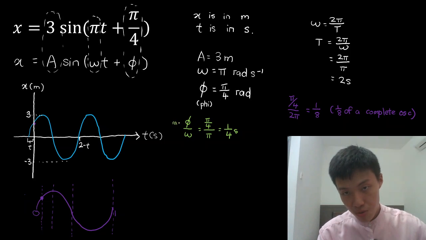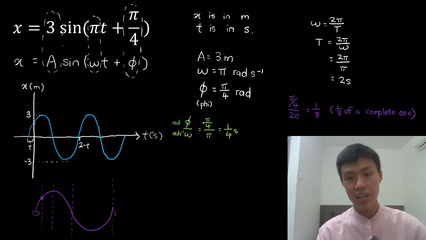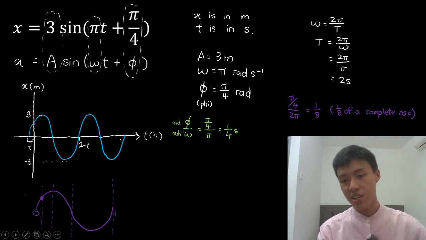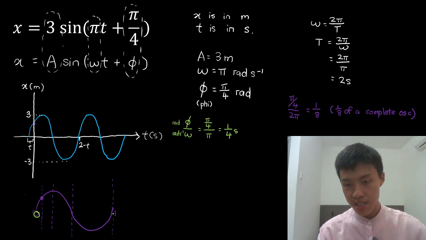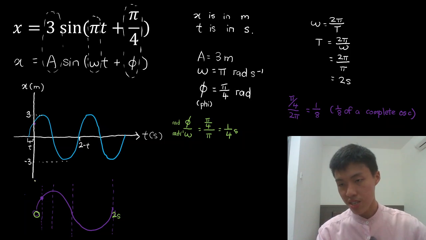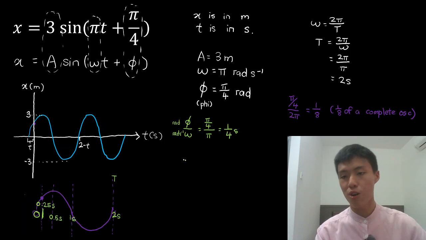If you're not sure about the unit, this is radian, this is radian per second, so you get second as your unit. If you want to visualize it, this is 0, then this is 2 seconds, so this is my period. The center will be 1 second, half of it will be 0.5 seconds, so this one should be 0.25 seconds, which is exactly the same as 1/4.